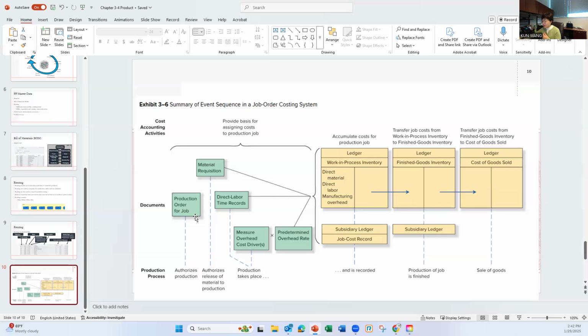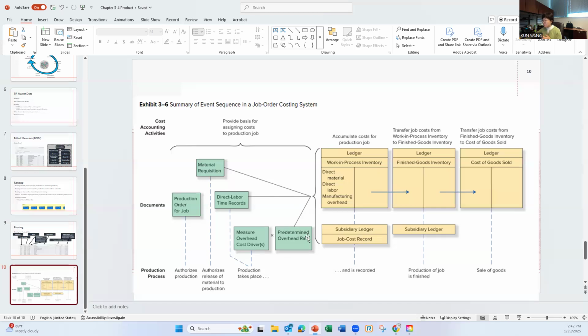One thing I already mentioned in the email is the overhead allocation is a key learning part in Chapter 3. In contrast to direct material and direct labor, where theoretically we can use the actual cost, for overhead we use a predetermined overhead rate or estimated overhead rate to apply or allocate the overhead to the different production orders.